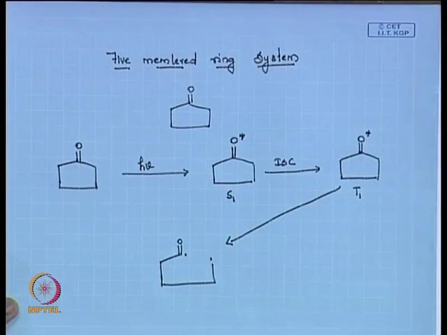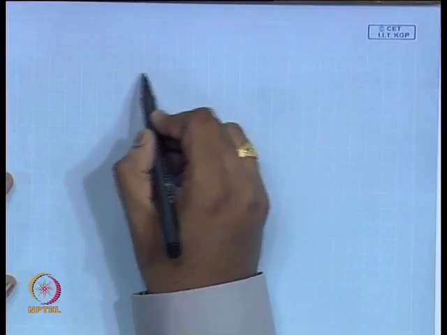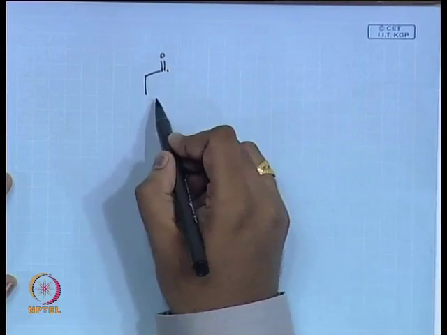You get a system like this, which is more or less the same as your cyclohexanone. Now, we will see how these acyl and alkyl radicals of cyclopentanone behave. So, we will see the secondary process now, how they are different from the initial one.